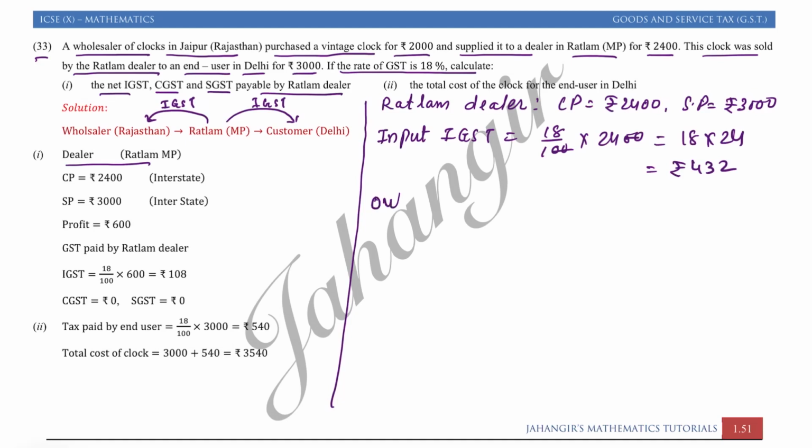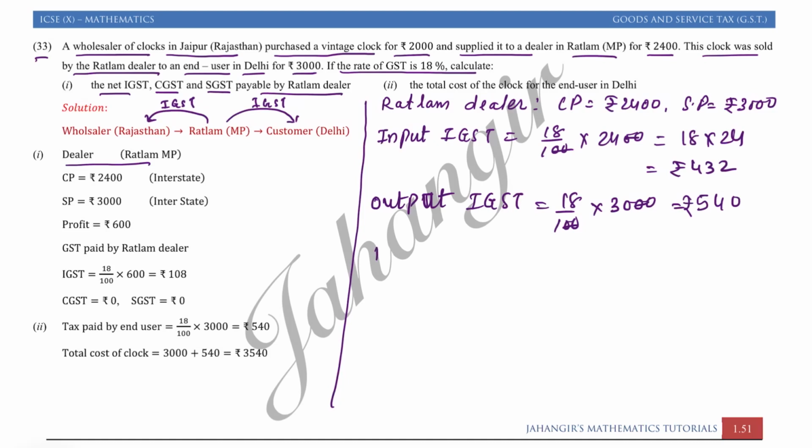Now we will find output IGST. Again 18% of 3000, because output is calculated on sales. 18 into 30, 540 rupees.